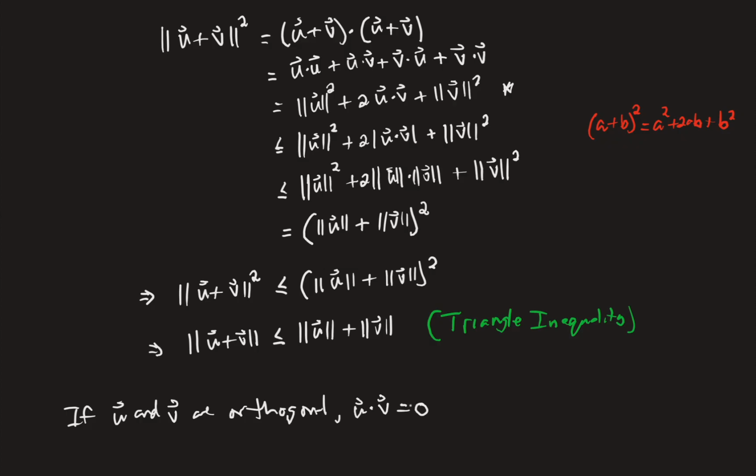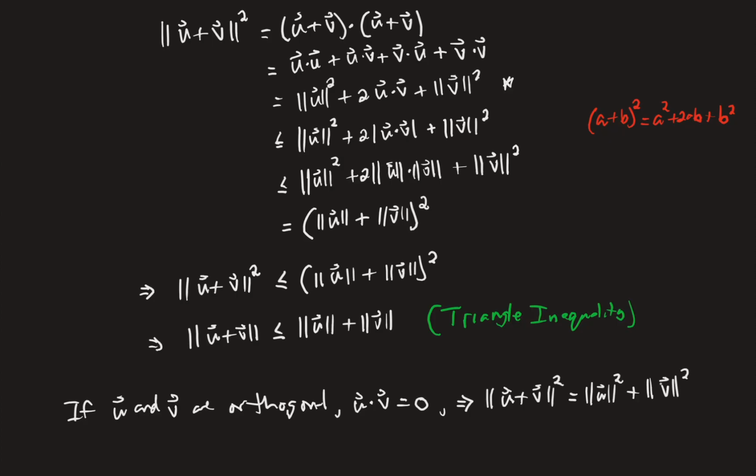So if we drop this 0 in the middle of our expression, look at what happens. The big consequence now is this: the norm of u plus v squared is just equal to the norm of u squared plus the norm of v squared. So that's kind of the algebra.